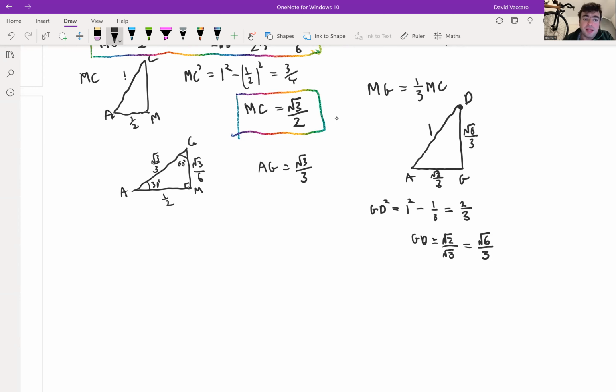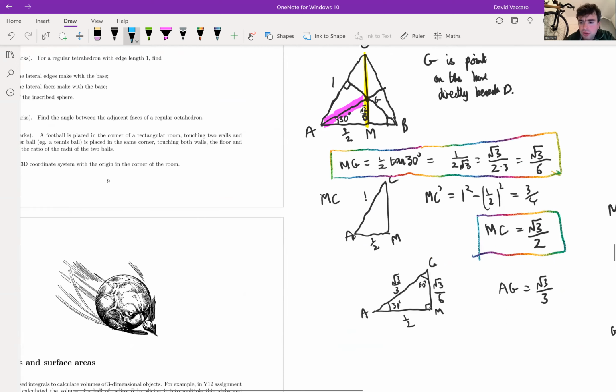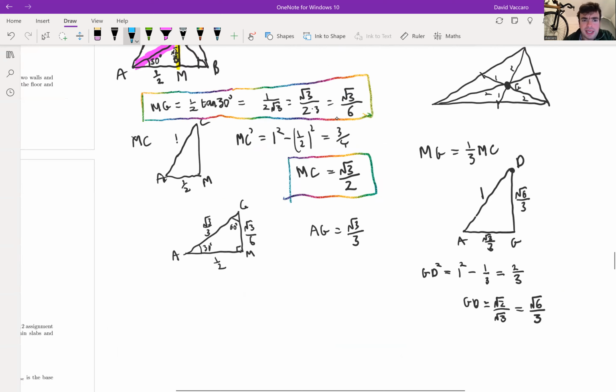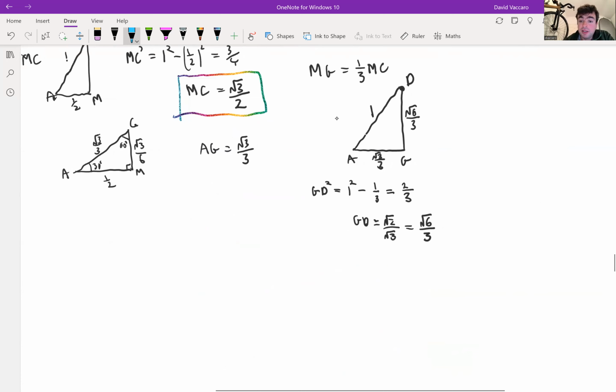Now, remember, we should keep an eye on the question. It asked for the angles that the lateral edges make with the base. So the angle which they want is exactly the angle DAG, because G is the point which lies beneath D. And so the angle that the lateral edges make with the base is just that alpha.